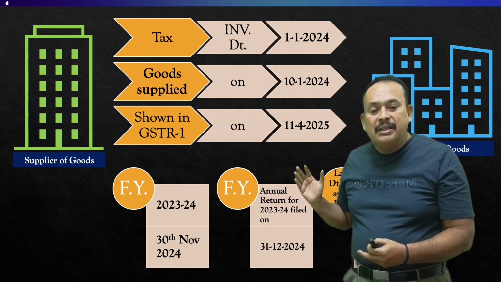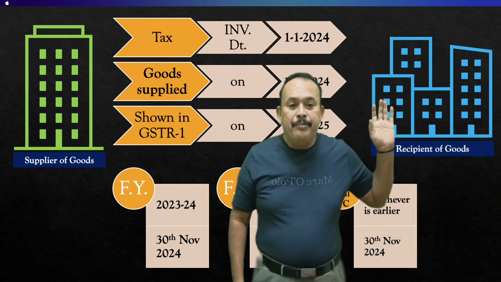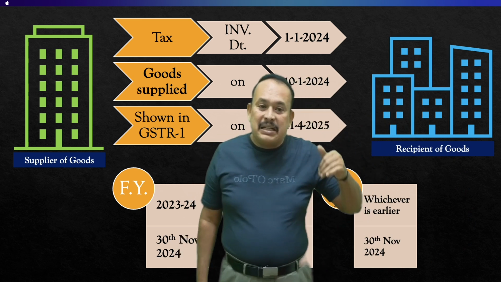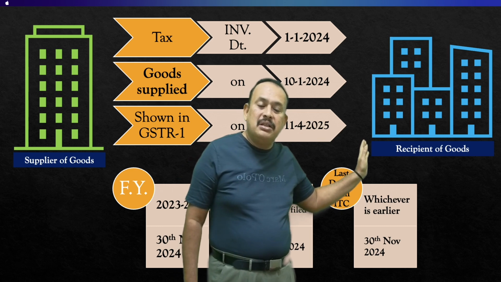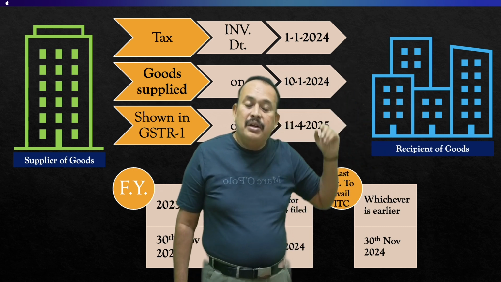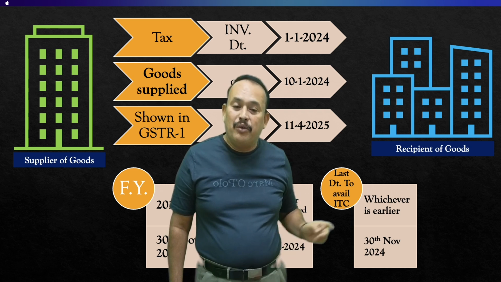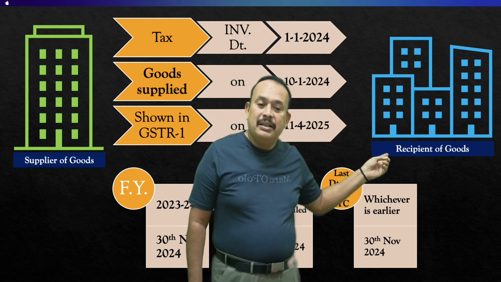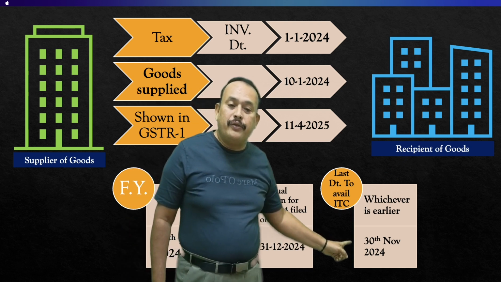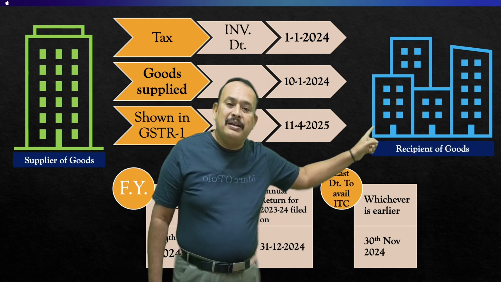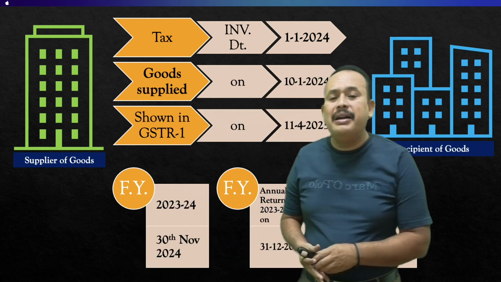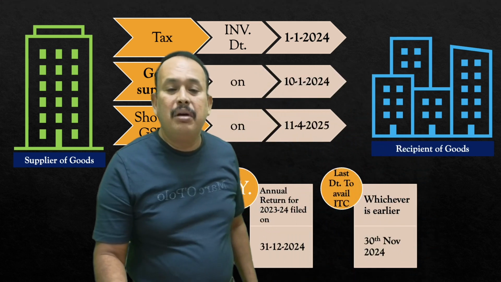That means the invoice received by him, on which input tax credit is reflecting in his books of accounts in the GSTR 2B return, is reflecting only in the month of April 2025. That means beyond the period of 30th November 2024. If so, can this recipient avail the ITC? No, because it is a time-barred invoice. It is a time-barred invoice.